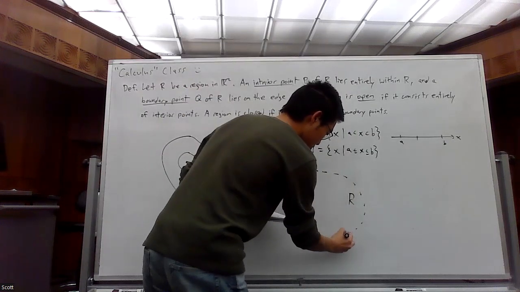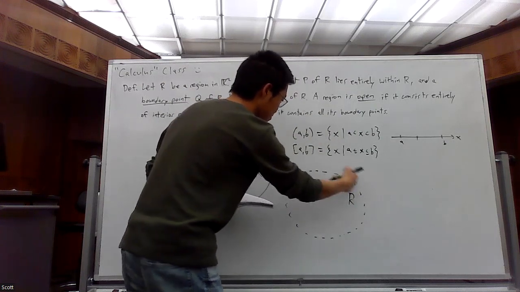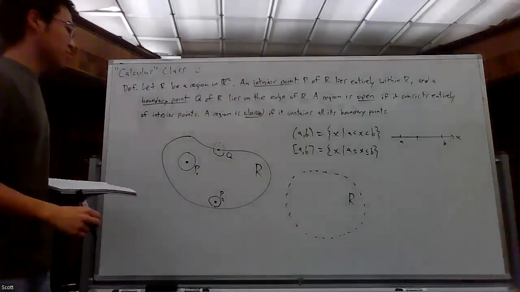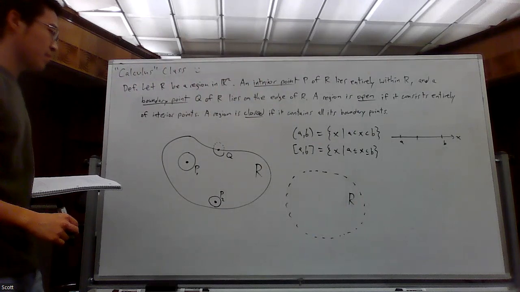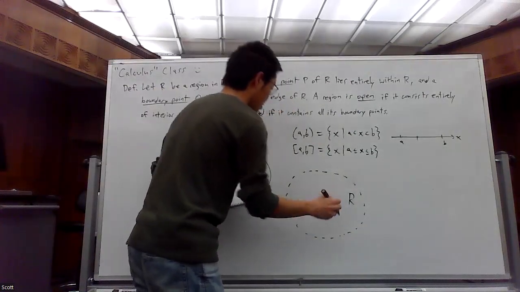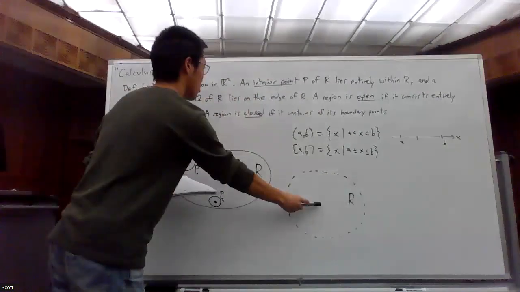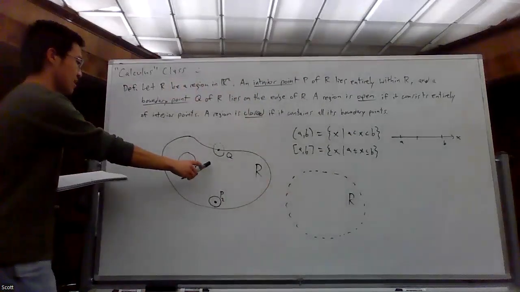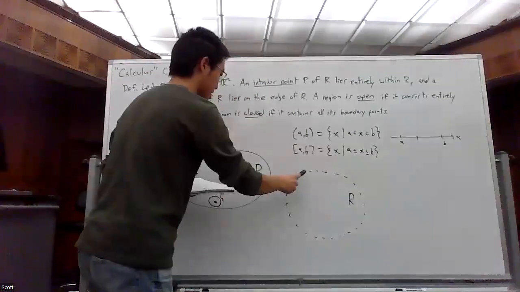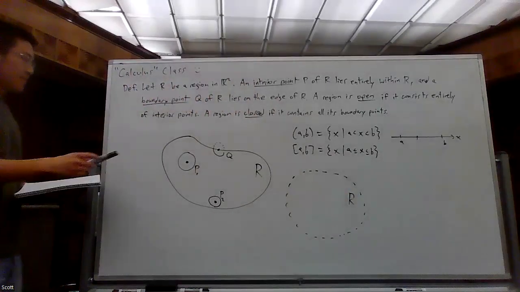Because when it's dotted, we're excluding these boundary points from what we're including in the region R. And so now the only possible points that you have in R are your interior points. You can't have a boundary point here. So this is an open region. This is a closed region. This is an open region because we're now excluding the only boundary points that we had.